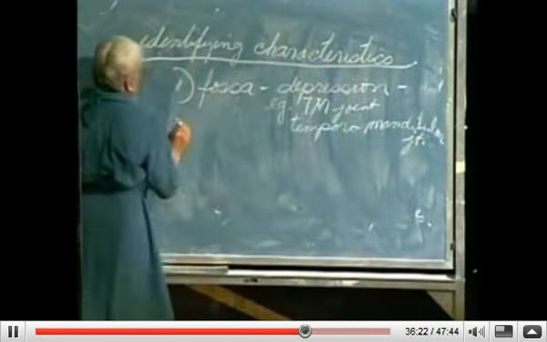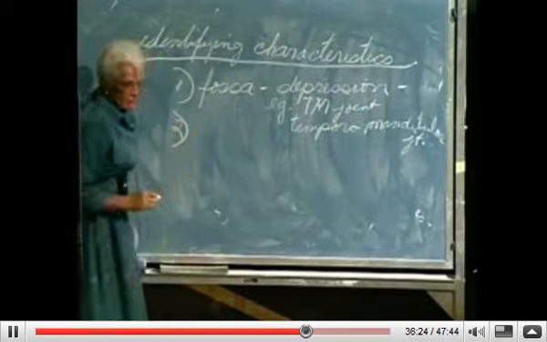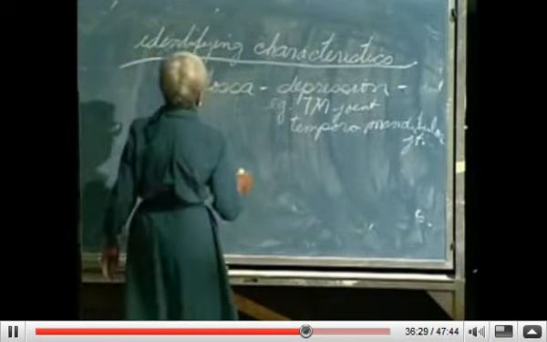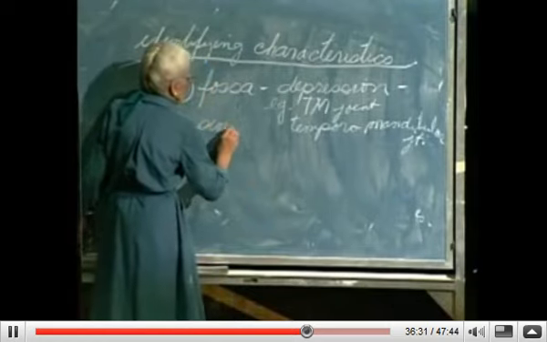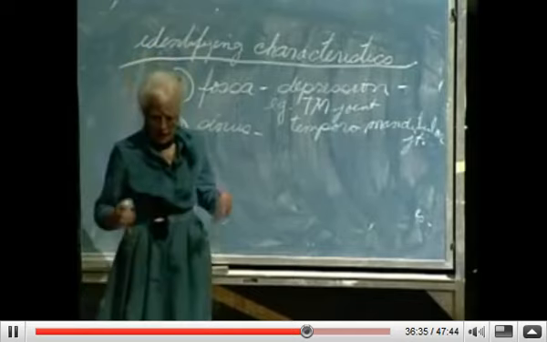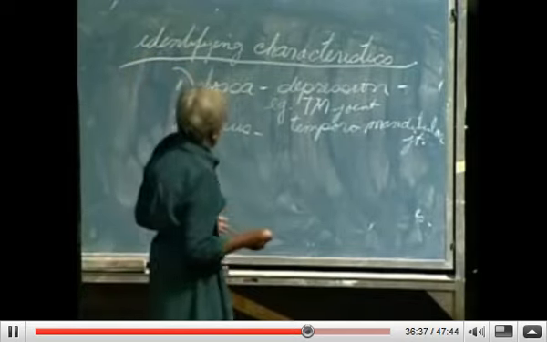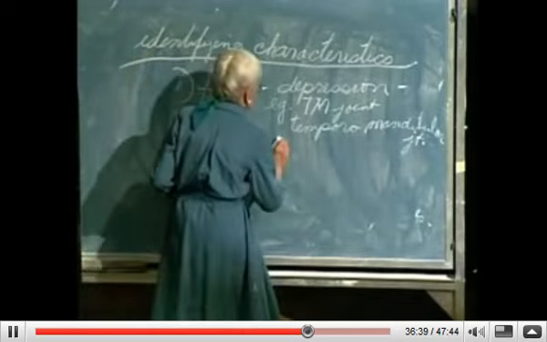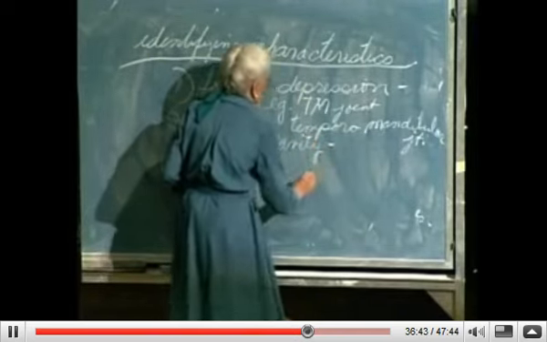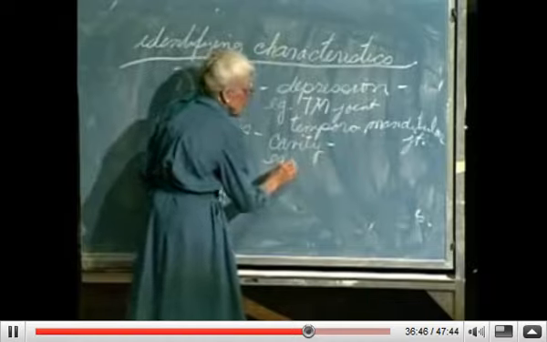Let's take a sinus. What's a sinus? There are all different kinds of sinuses in the body, but with the skeleton, the sinus will be a cavity in the bone. A cavity. What's the example we're going to take?